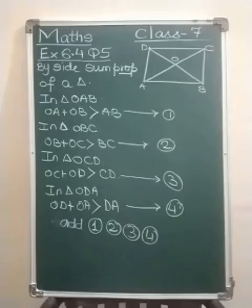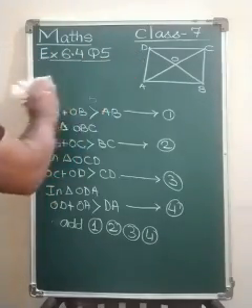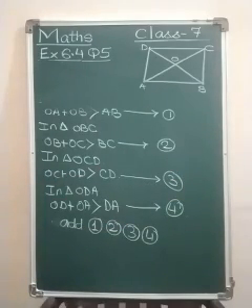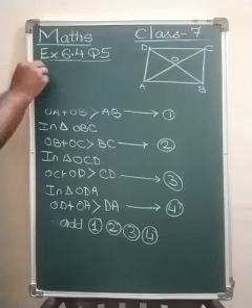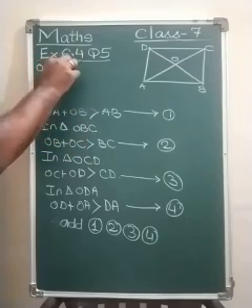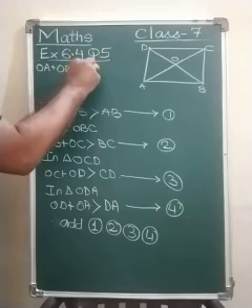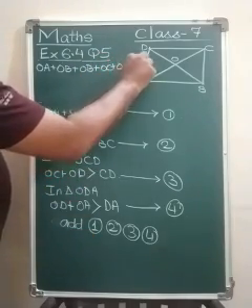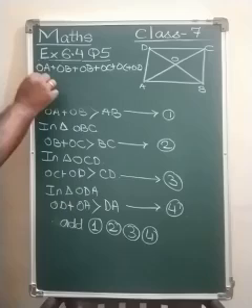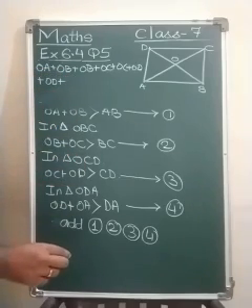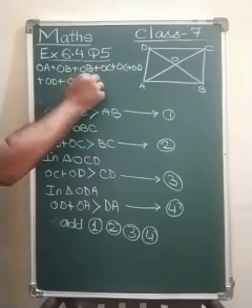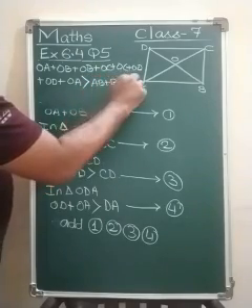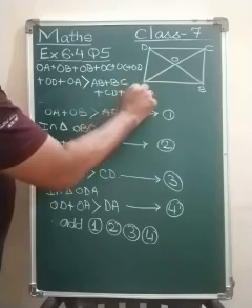So when we add this, what will we get? On the left hand side, OA plus OB plus OB plus OC plus OC plus OD plus OD plus OA is greater than AB plus BC plus CD plus DA.